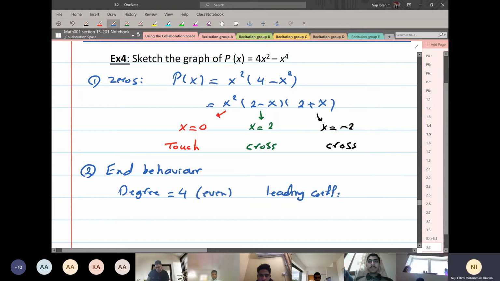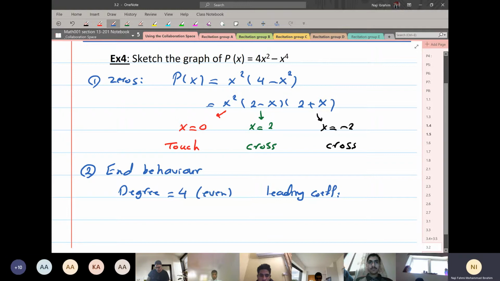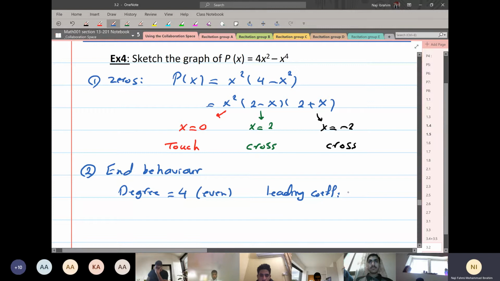And since the degree is even, both ends of the polynomial will go in the same direction. What's the leading coefficient? -1. Since it's negative, so what's the end behavior now? Down. Far left down, and also down far right.